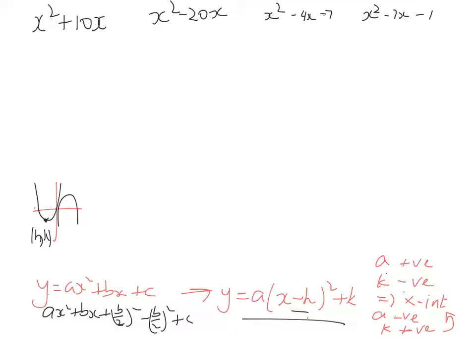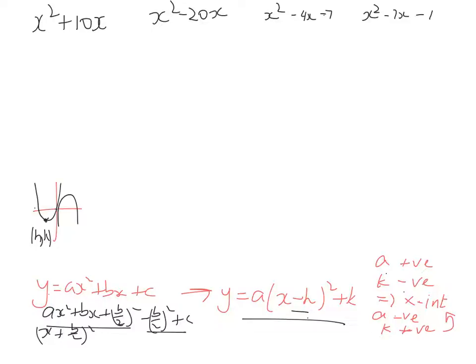And now what will happen is this will factorise nicely just by putting in x plus b over 2 all squared. And then we solve the rest of it, minus b over 2 plus c. So let's have a look at these.